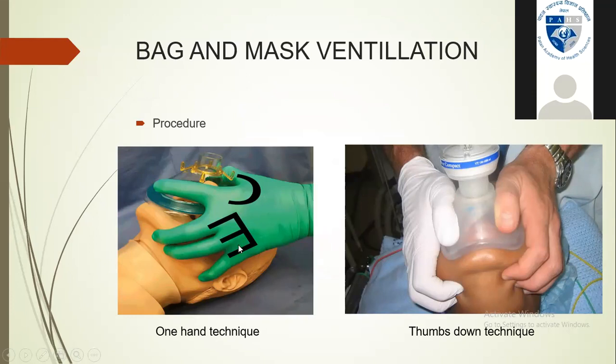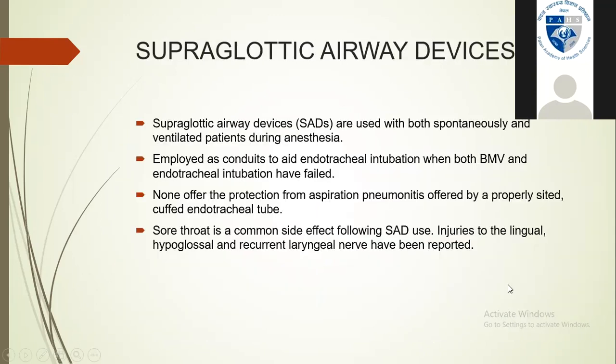However, this provides less security, and in case we are resuscitating with more than one personnel, we can use the thumbs down technique, which is mechanically more advantageous, as we can provide a better seal. Both hands will be used, and thumbs will be placed on the mask, and we can secure it with the other fingers at the base of the mandible. So this is our bag and mask ventilation.